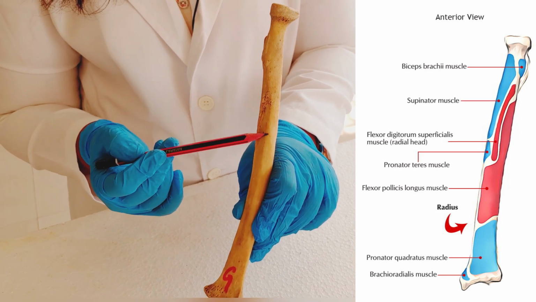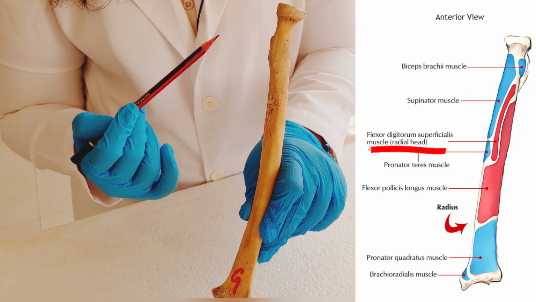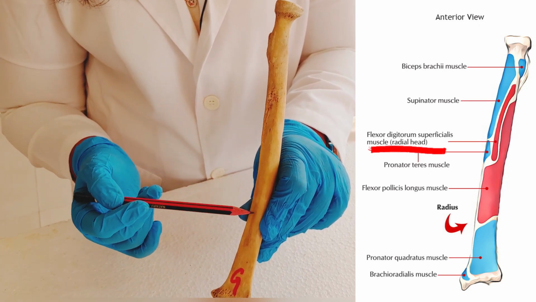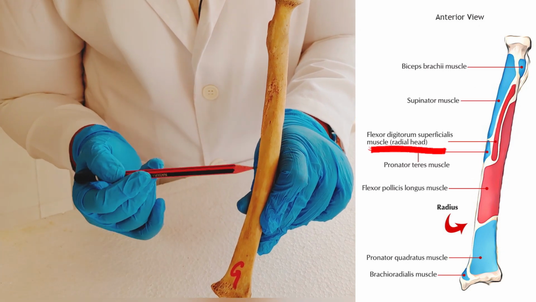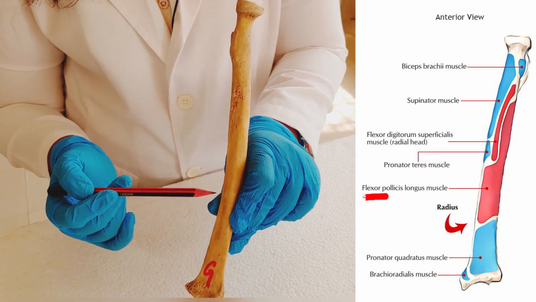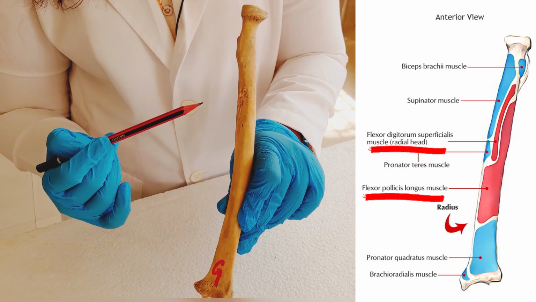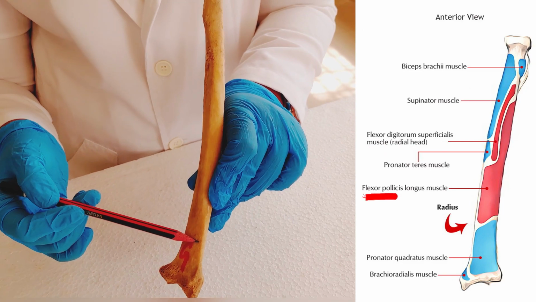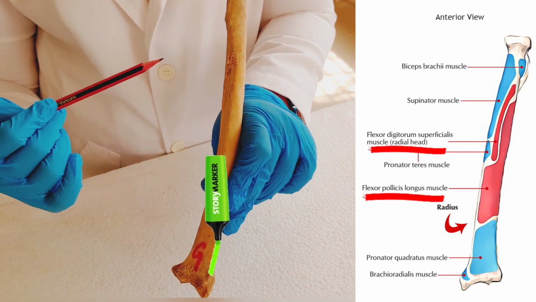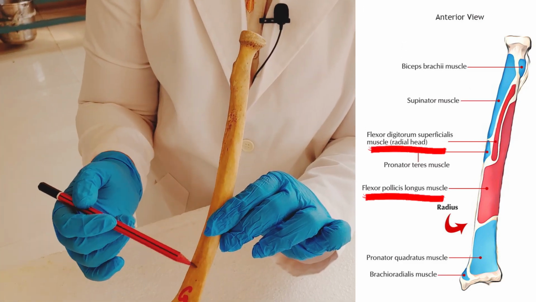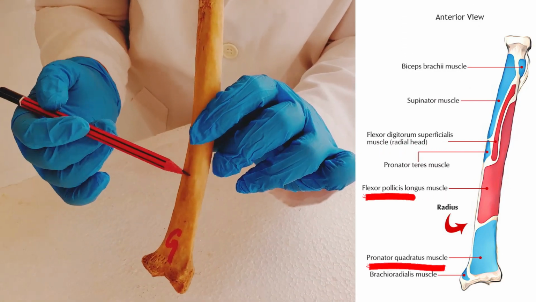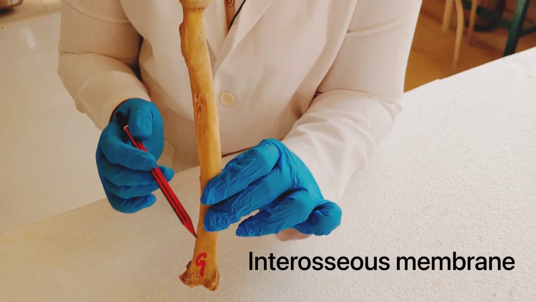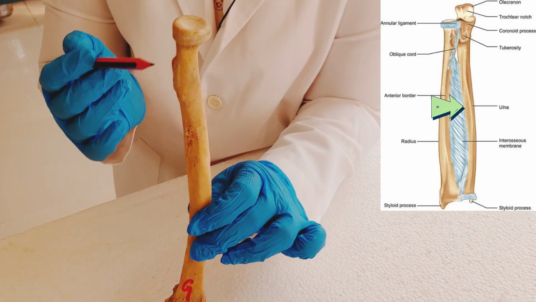This anterior oblique line will give attachment to the radial head of the flexor digitorum superficialis, whereas the rest of the anterior surface in this part will give attachment to the flexor pollicis longus, and this lower part of the anterior border will give attachment to the extensor retinaculum. The lower part of the anterior surface will give attachment to the pronator quadratus, and the sharp interosseous border will give attachment to the interosseous membrane.